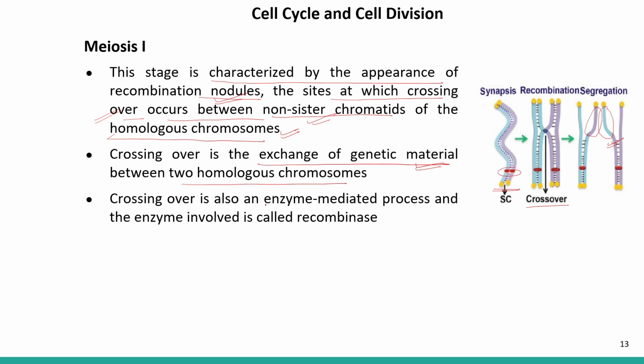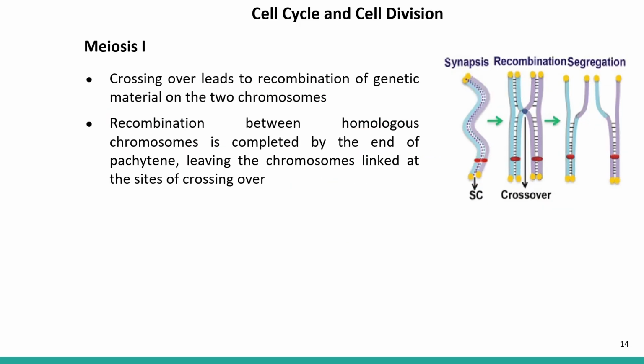So the crossing over is also an enzyme-mediated process, and the enzyme involved is the recombinase, giving the structure like this, and this causes recombination of the genetic material. So synapsis is formed, crossing over occurs, recombination is the result, and later there is a process of segregation. They get segregated. So the crossing over leads to the recombination of the genetic material of the two chromosomes.